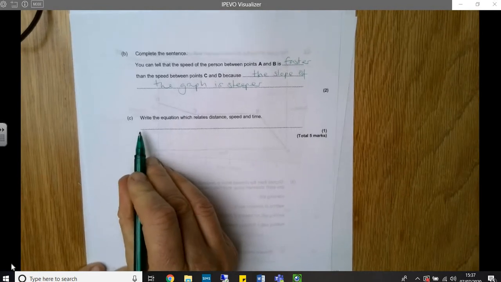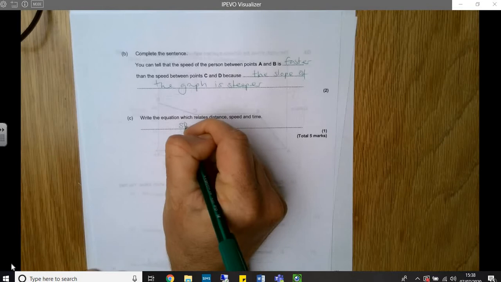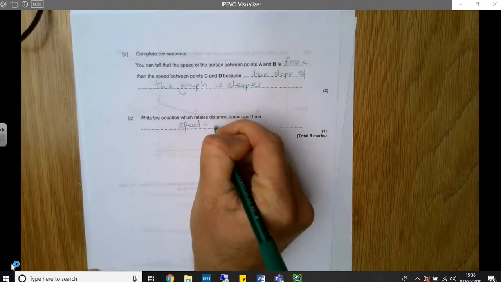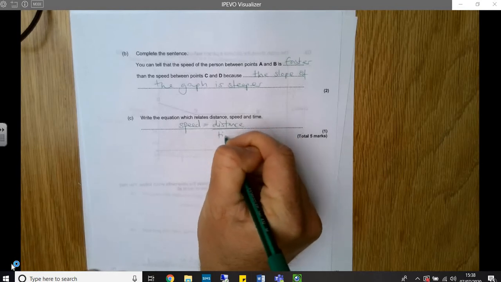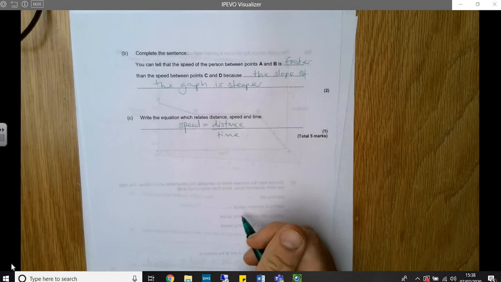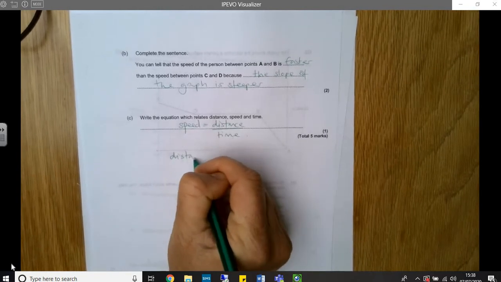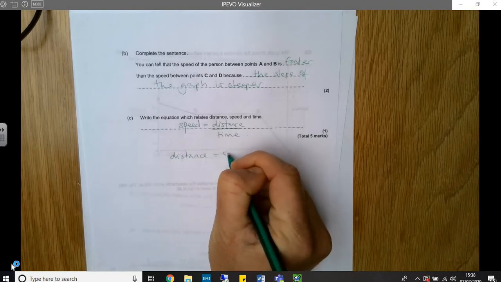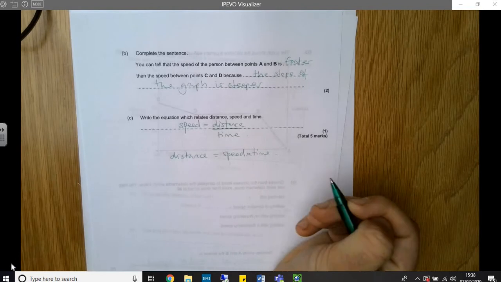Then I've asked you to write the equation which relates distance, speed and time. This is one of those equations that you need to remember, and you need to have got it rearranged correctly. You could have written speed equals distance over time. You could have written distance equals speed times time.